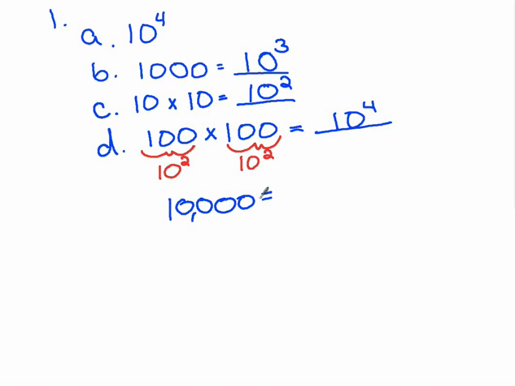Would that also equal 10 to the power of 4? So you can do it either way. You can say 10 to the power of 2 plus 10 to the power of 2, or you could say, well, I know that we just add all the zeros to the front number, and I end up with 4 zeros.